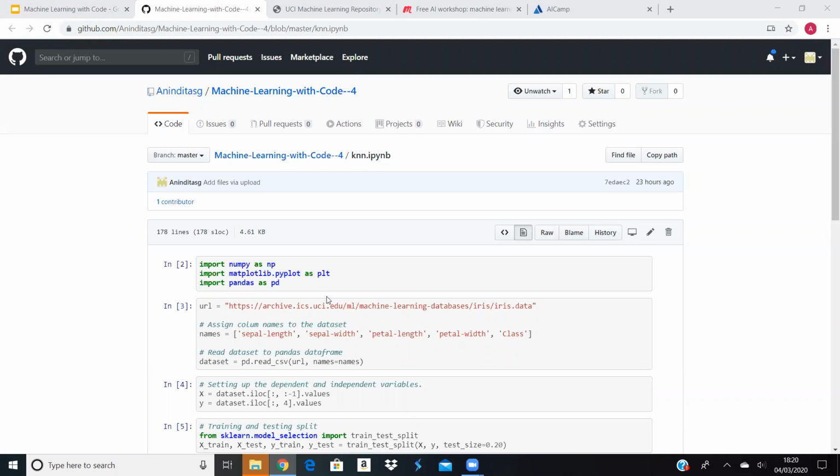Just look at this. I am sure you all have your Python editors ready. If not, let's take 3, 4, 5 minutes to just get all our Python IDEs ready so that we can start with this.